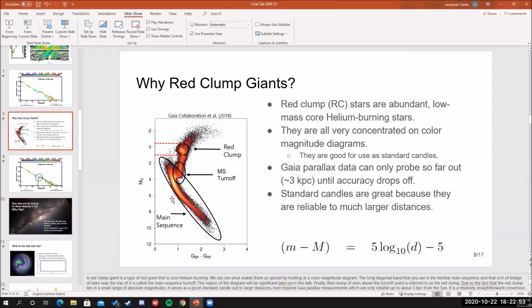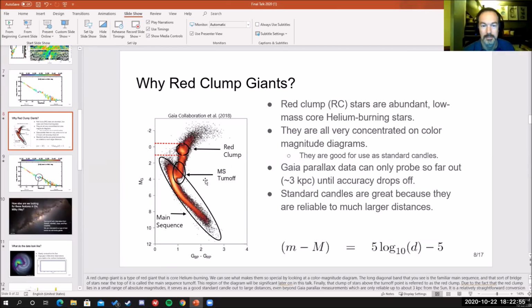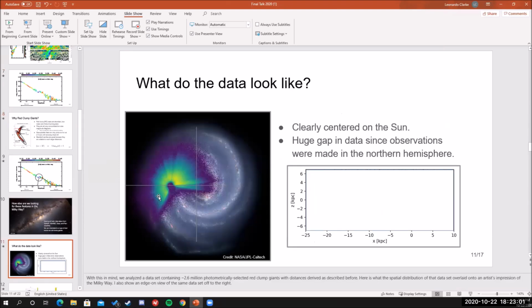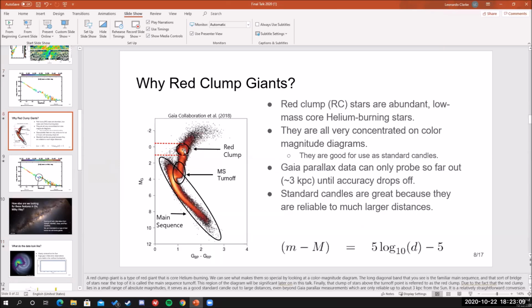This I just showed as an example. This is the Gaia color magnitude plot. I just showed it because it shows the red clump really well. And then this is a sample from a 2020 study of 2.6 million photometrically selected red clump giant stars. These are the ones that lie over here.